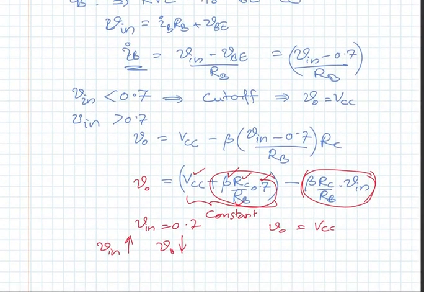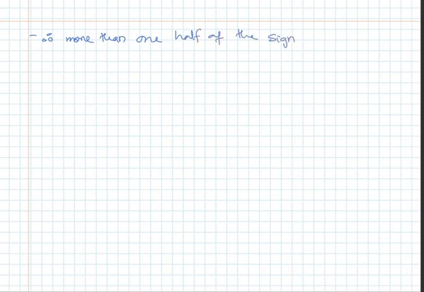So what is biasing? Right, so let me just give a couple of sentences before I move on. Therefore, more than one half of the signal is cut off.